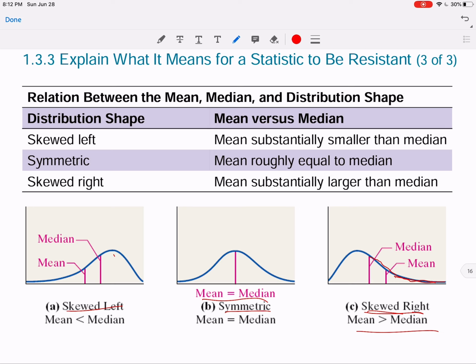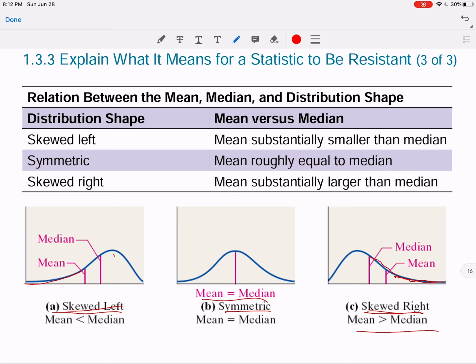So similar to this case here, if the graph is skewed to the left, which means there are a lot of extremely small numbers, and we know that the mean is affected by the extremely small numbers more substantially than the median, then those extremely small numbers will pull the mean to the left further than the median.